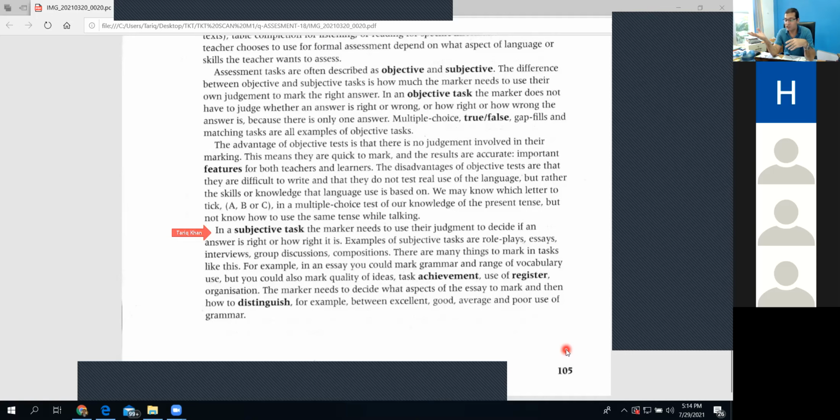There might be another teacher who might give 7 out of 10. That kind of thing, which is based on the judgment of a teacher, is called a subjective task. And where the teacher cannot use their judgment and they have to just tick mark the right answer, which is already given there, that is called objective. Is it clear?